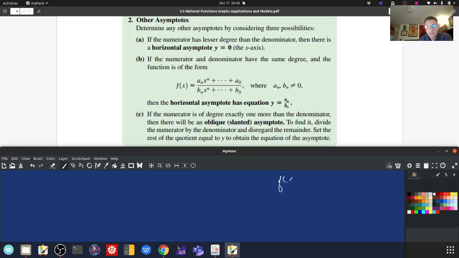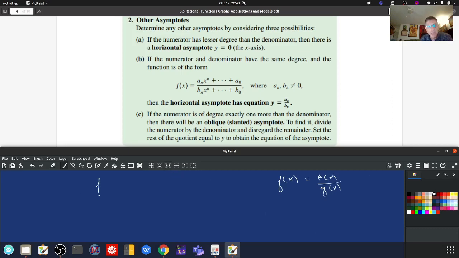So f(x) is equal to p(x) over q(x), and every polynomial has a degree. The degree of a polynomial is the degree of the highest term. So here's our case A. If the numerator has lesser degree than the denominator, then there is a single horizontal asymptote at y is equal to 0.